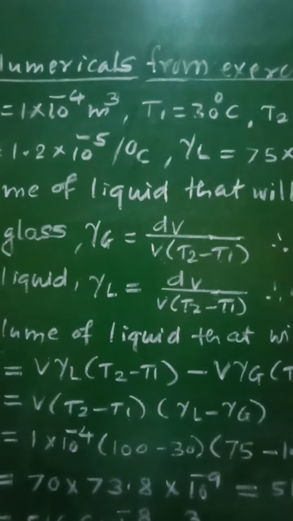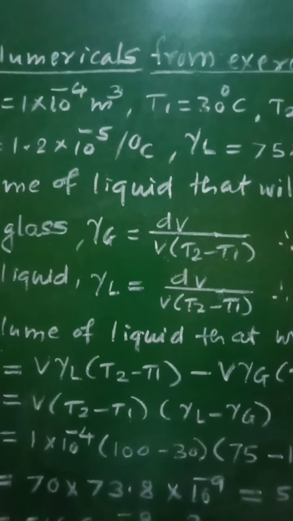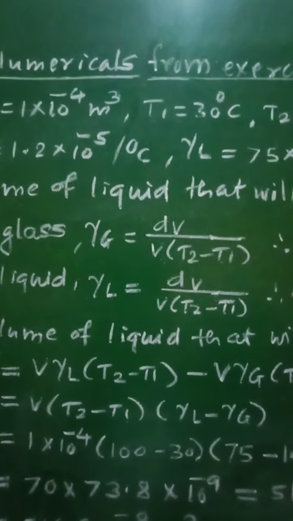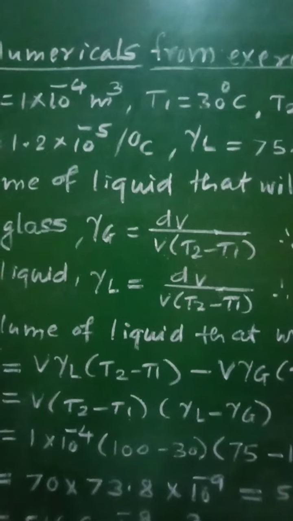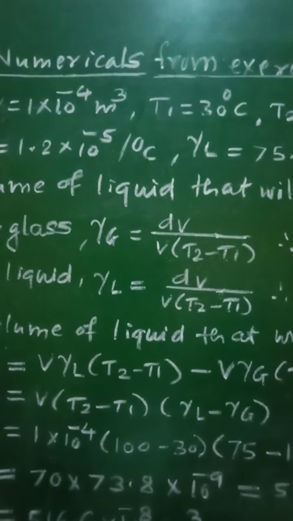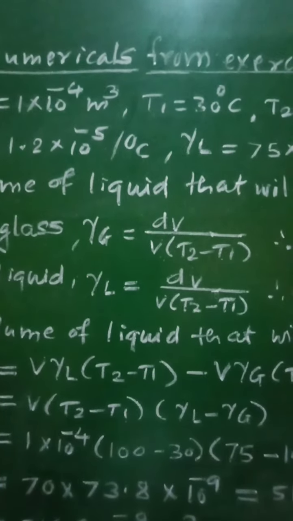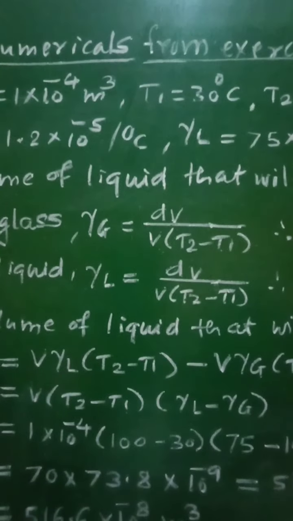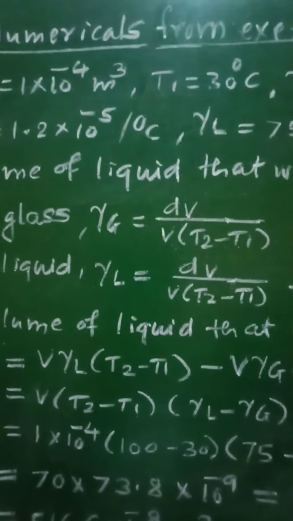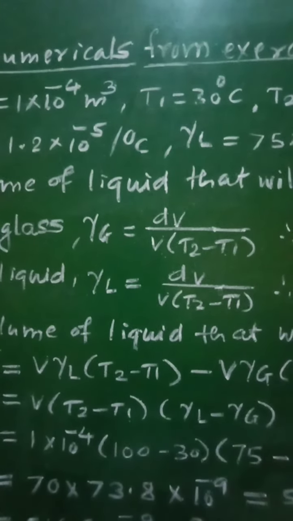If the coefficient of volume expansion of the glass is 1.2 into 10 raised to minus 5 per degree Celsius, and that of the liquid is 75 into 10 raised to minus 5 per degree Celsius.